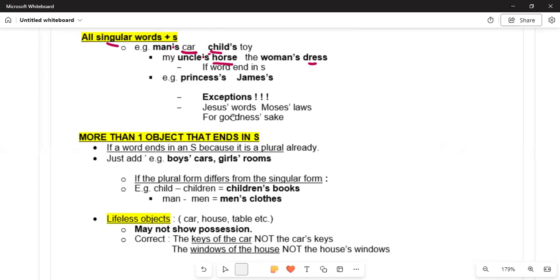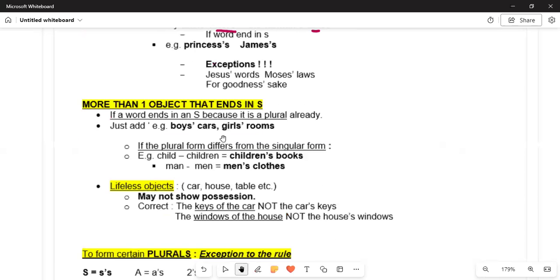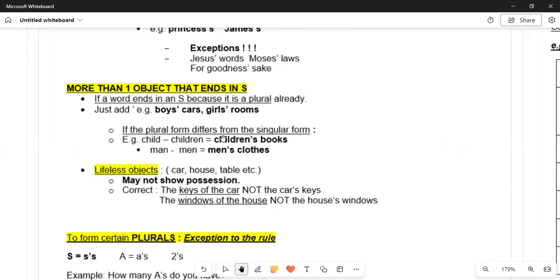If we move on, let us find out about more than one object that ends in S. This is any object that ends in the letter S. If a word ends in S, it is because it is plural.